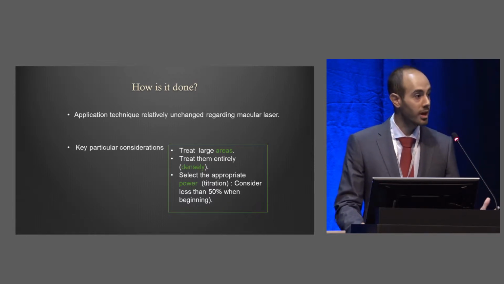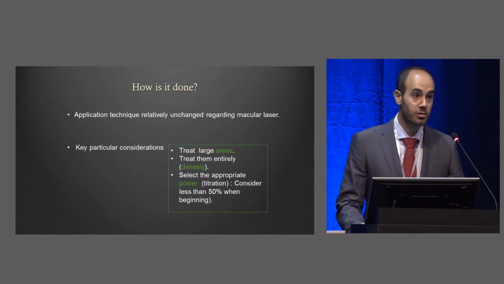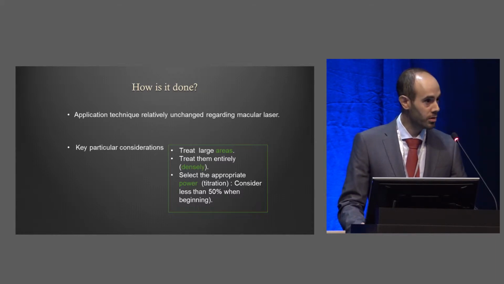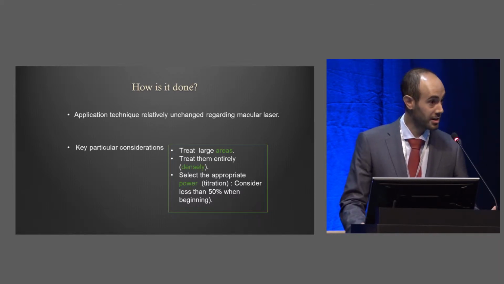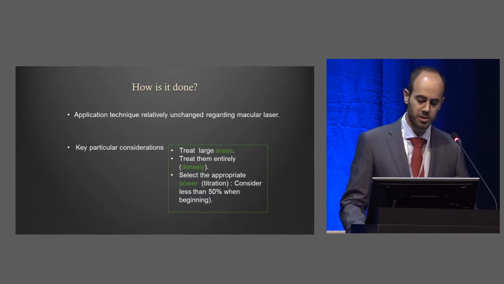Here we are stimulating RPE cells to work for us, so they become molecular factories with therapeutic effect. Since one cell produces very little protein, we need to treat a large area to treat a lot of cells, and we need to treat it densely. Power, I found to be secondary to these two main things.